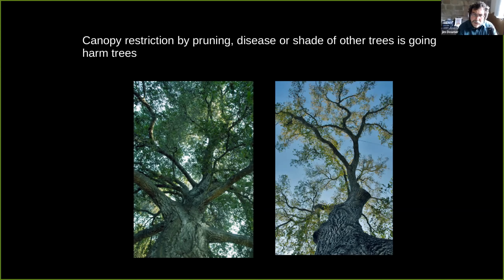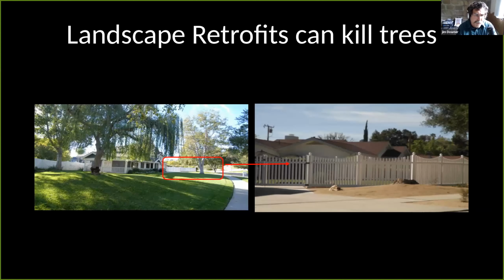Also want to talk about landscape retrofits. This is a very 60s landscape on the left from my town in Ojai, in fact, on my street in Ojai. And it's showing you a lawn with a big cankered willow tree, big canker, but it's a weeping willow and a nice tall fescue lawn. And here's an alder tree. In this area, they renovated.